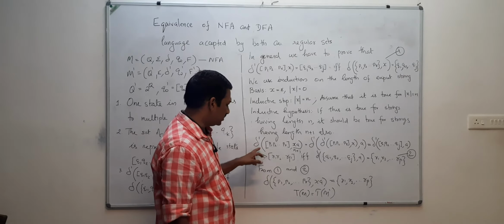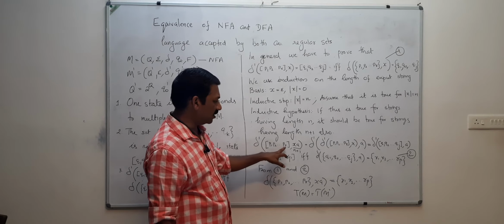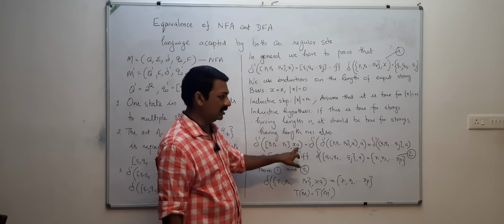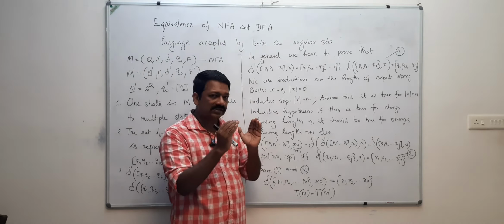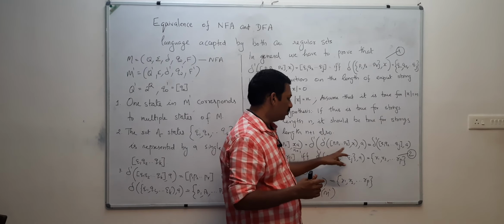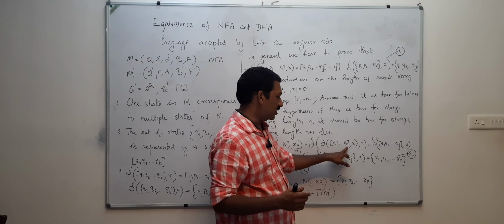That means delta dash of P1, P2, etc. up to PR on XA is, after receiving X, where does it reach?